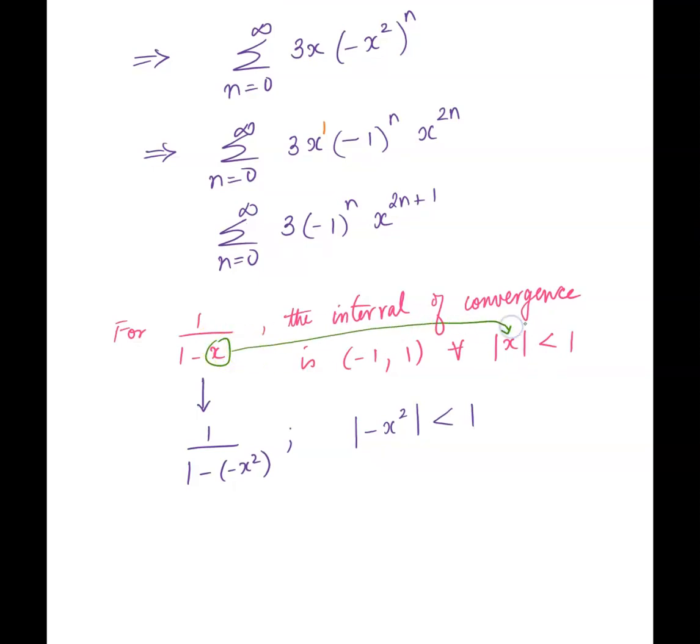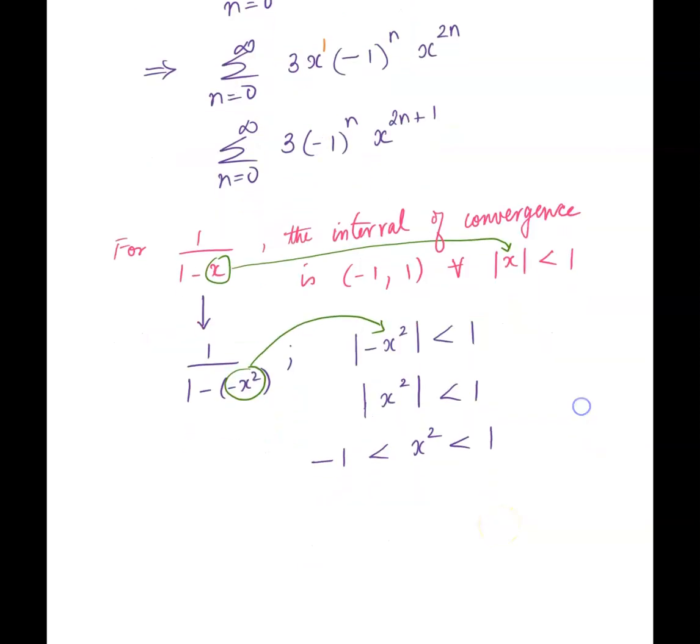That's the x you have to have there. You see this x here? That's the x you have to have there. Now we know absolute value returns positive, so absolute value of negative x squared is simply x squared, absolute value of x squared less than 1. And if you expand the absolute value, you get negative 1 less than x squared less than 1. And that gives us the interval, right, to be negative 1 to 1. So we got that. So the interval of convergence is the same common interval, so everything is working fine.